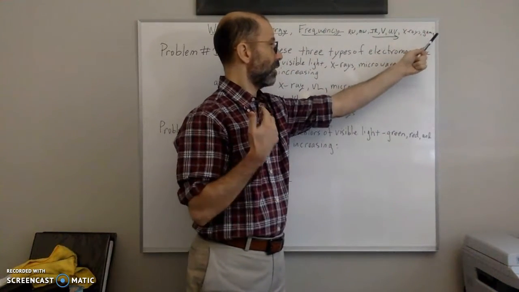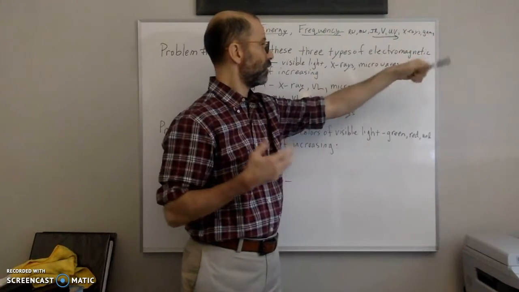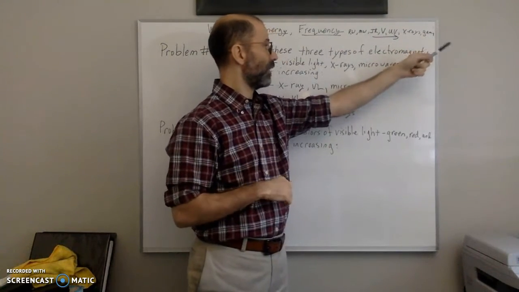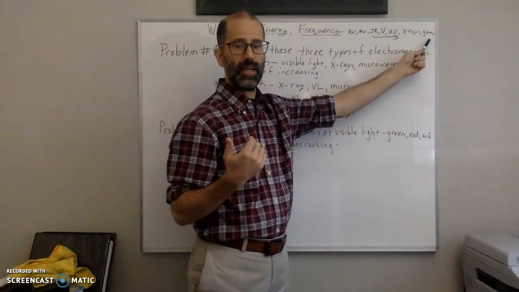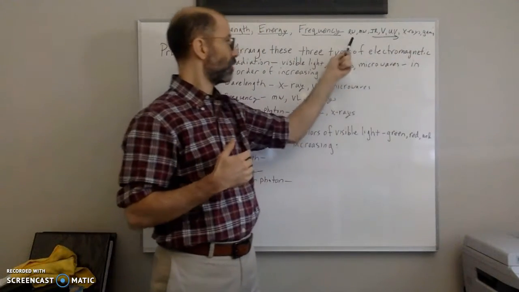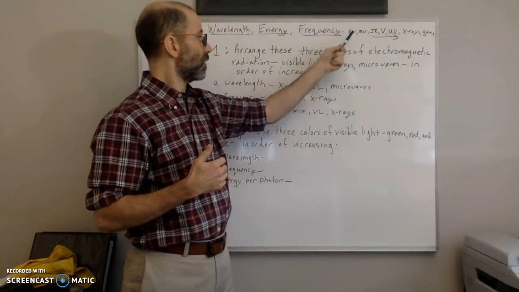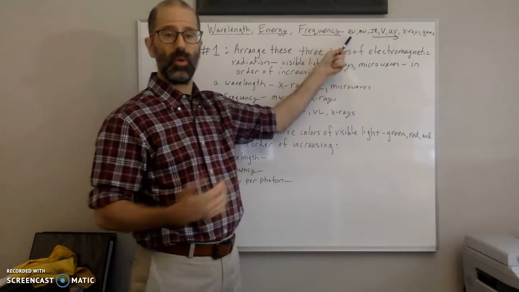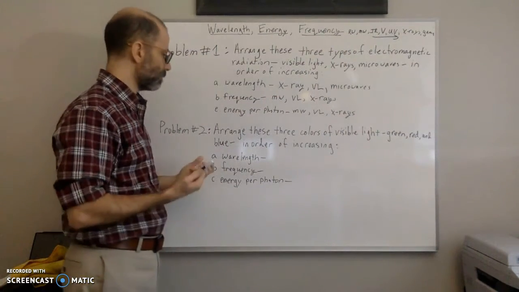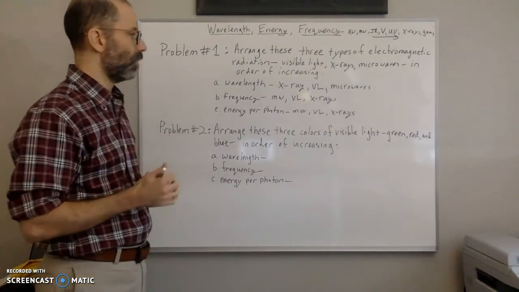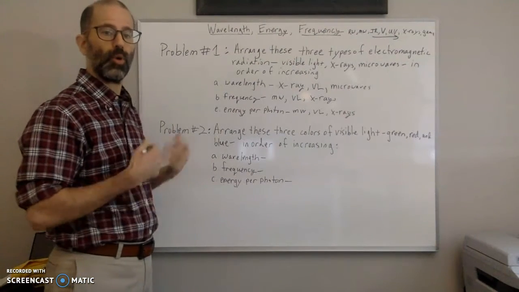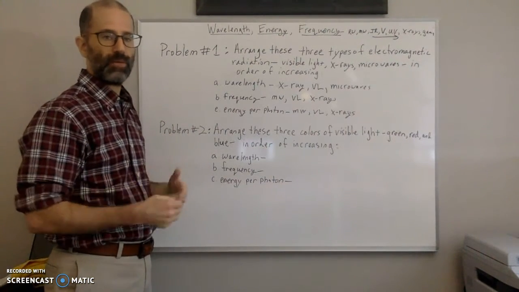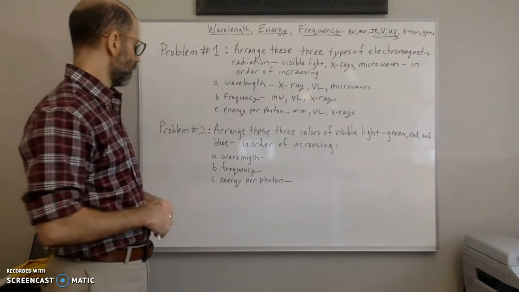Either know that gamma is the highest energy, or you know it's the shortest wavelength, or you know it's the highest frequency, or you know that radio waves are the longest wavelength, they're the lowest energy, and so forth. So that should help you remember or be able to figure out the orders of things according to increasing or decreasing wavelength, frequency, or energy.